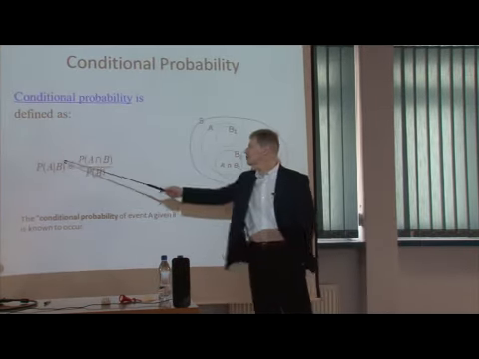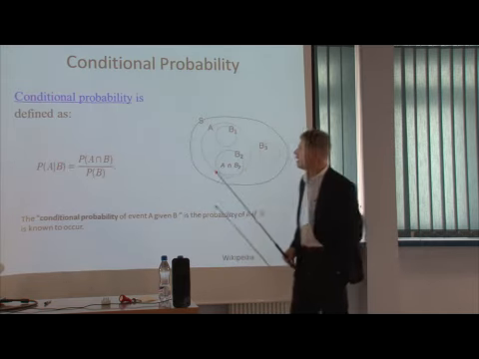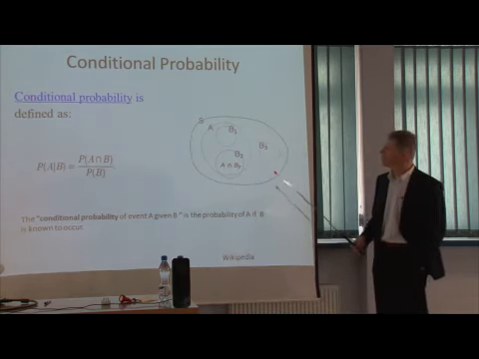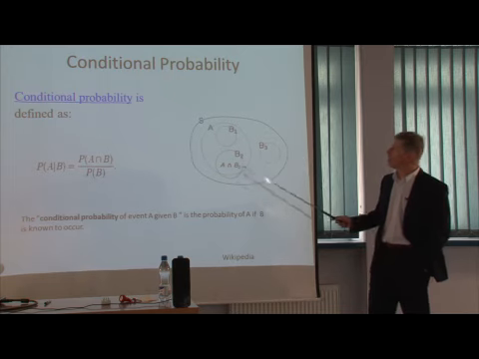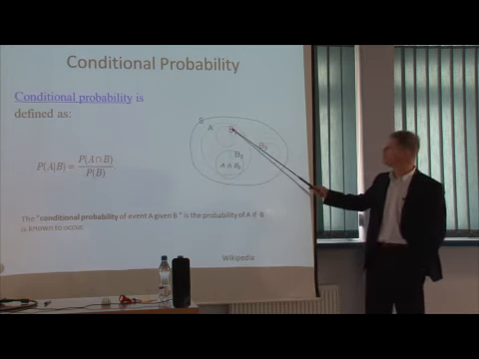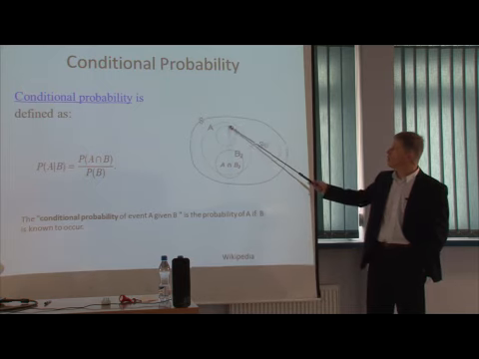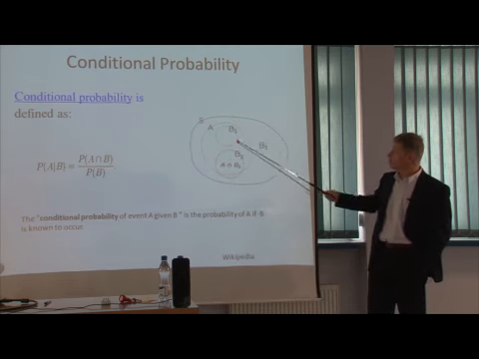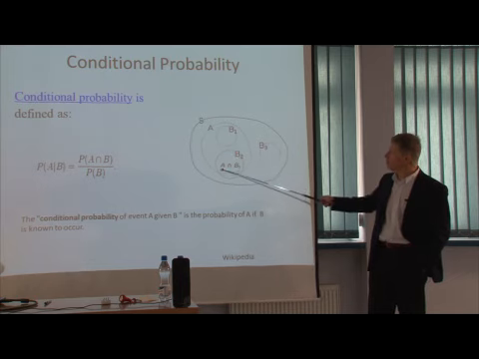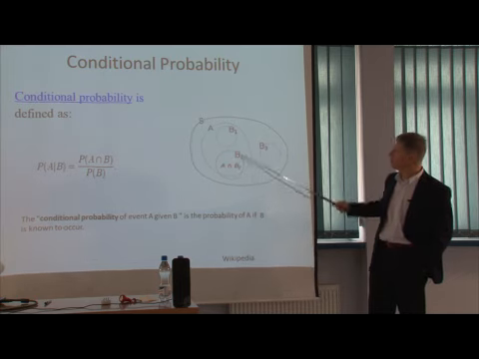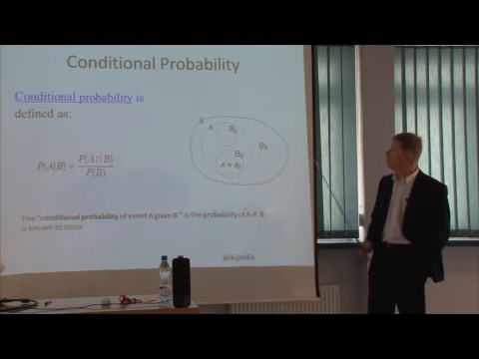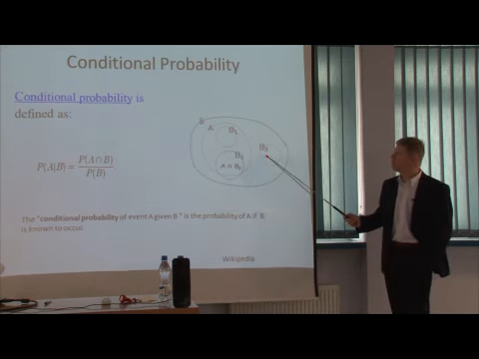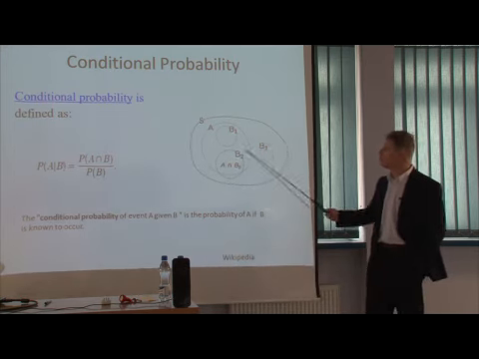All right, so this is the definition, the probability of A given B. So it says that to compute the probability of A given B, so if B is, for instance, this B1, we divide the area of B1 by the area of A. If B is B2, we take this part only, all right, and divide it by the area of A. For B3, it's going to be empty, so this is 0, there is no common part.